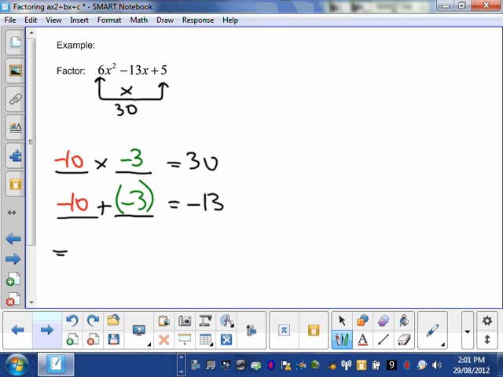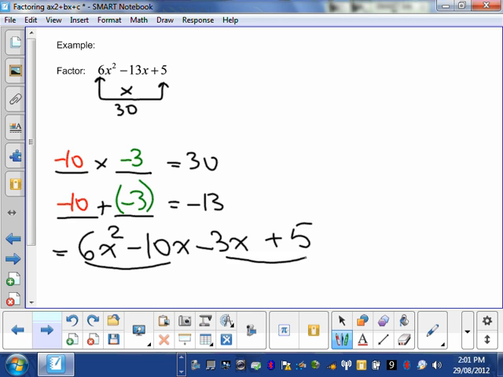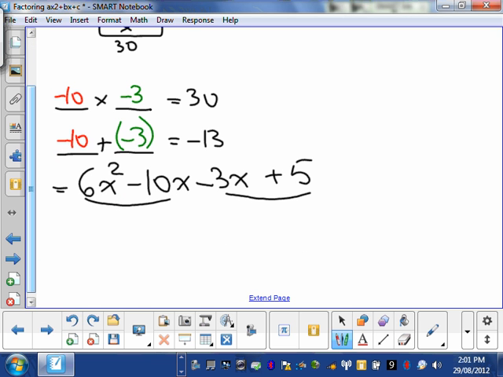I use my two numbers to break down my middle term into negative 10x, negative 3x, plus 5. And now again, factor by grouping. You know I'm very good at that, right? Of course. So what's common here? 2x is common, leaving 3x minus 5.